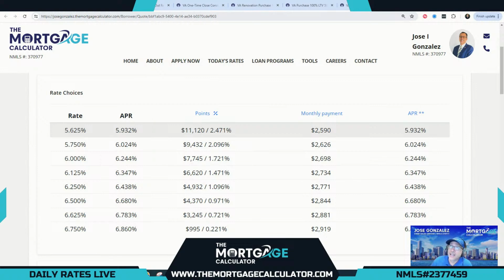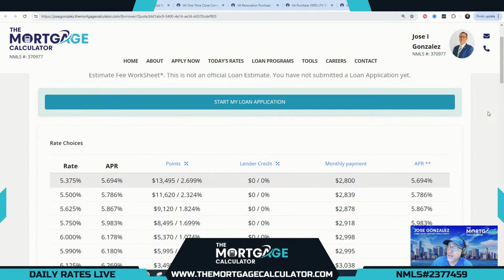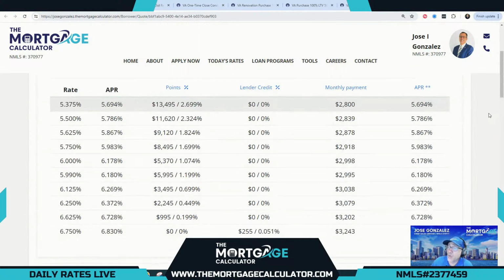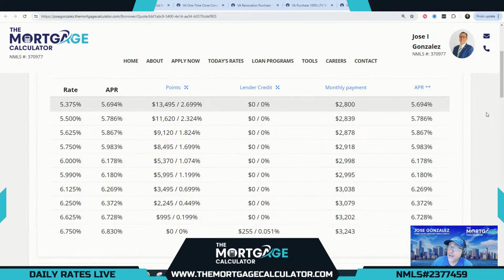And our last option here is our VA Streamline Refinance. This is the one that does not require any income verification, nor credit, nor an appraisal.